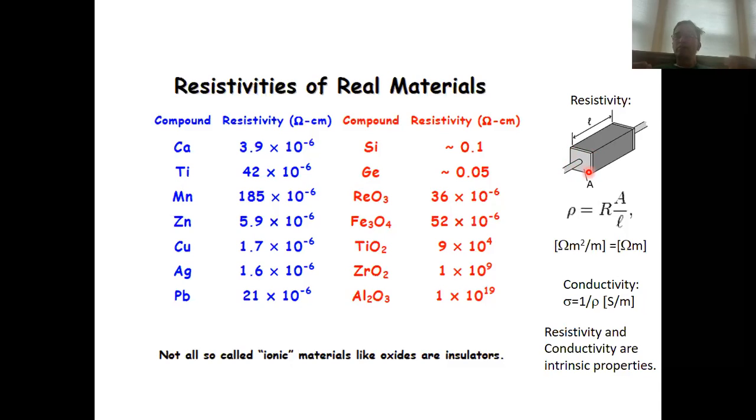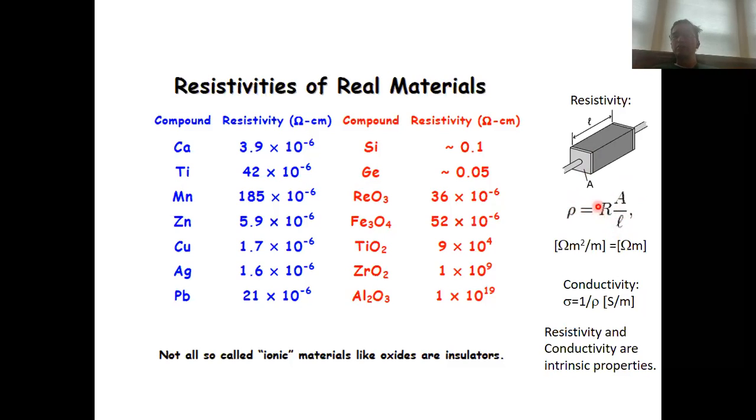Therefore the resistance is inversely proportional to the area. So for that reason, resistivity is equal to the resistance of a resistor times the area over the length of the resistor. That's how I can determine resistivity.